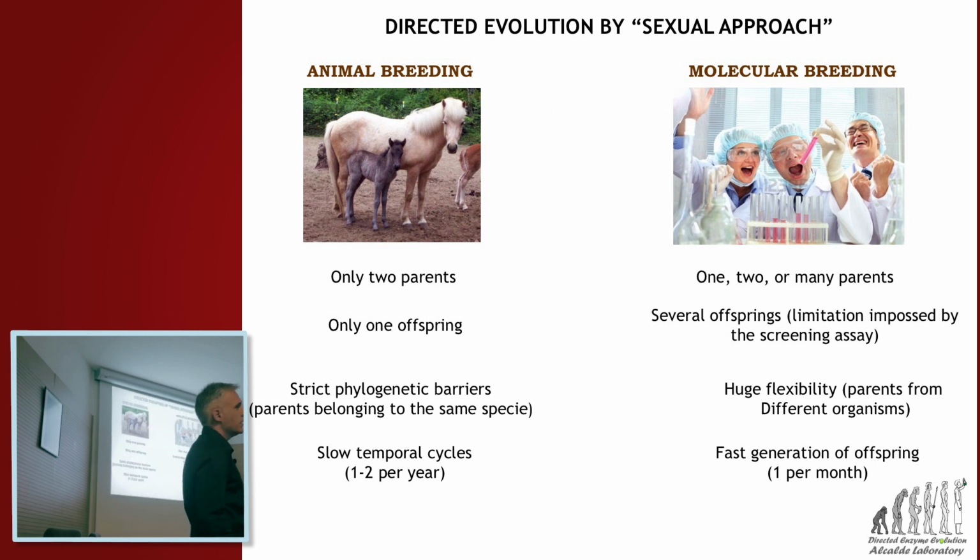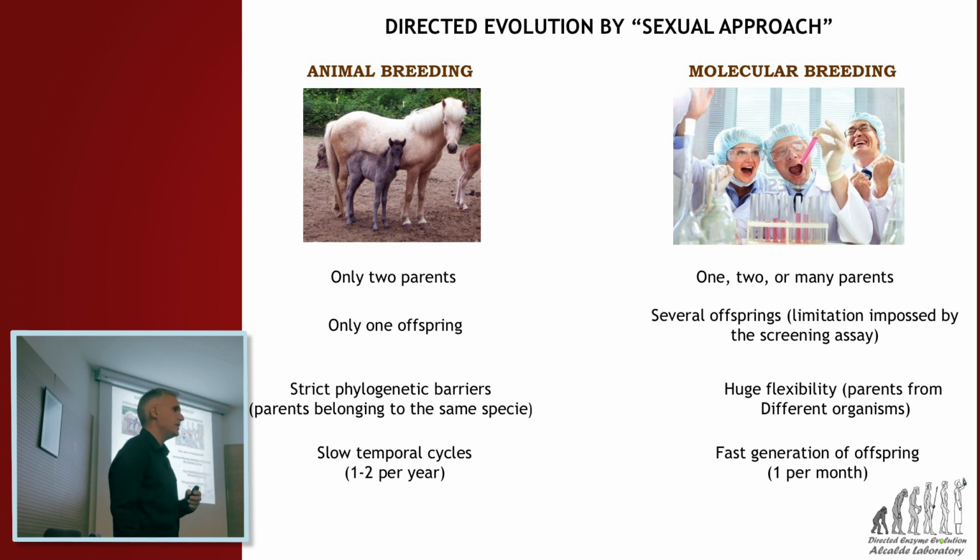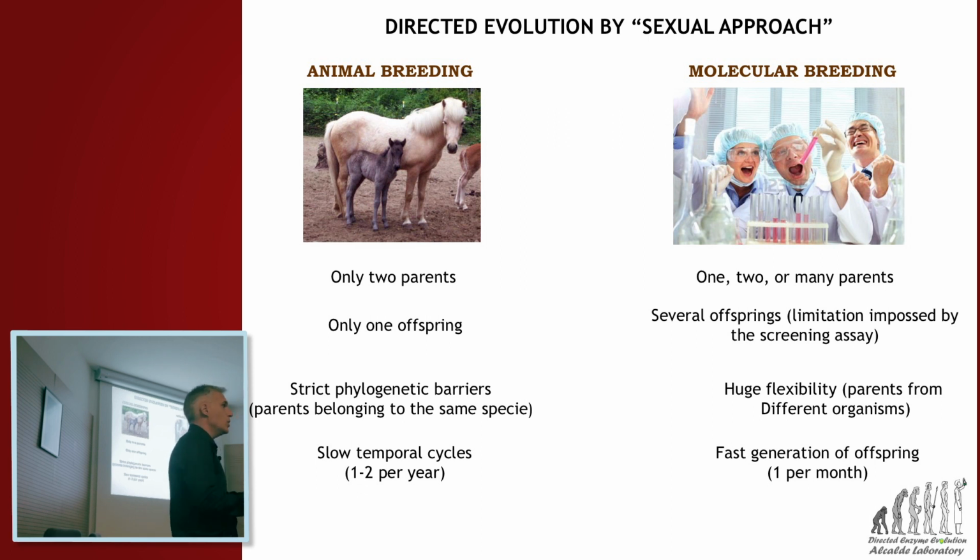Yes, and the kind of mutations that you use are completely random, or do you also control the mutations? They are random. This is the nice thing about it. I forgot to say, at the beginning of my talk, when I was talking about site-directed mutagenesis, the rational approach, you are always planning which position you are going to introduce. In directed evolution, we don't care about that.